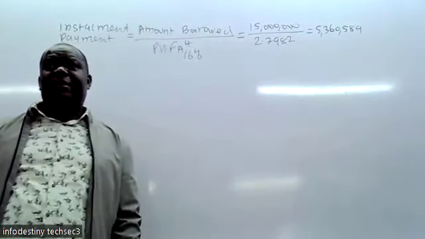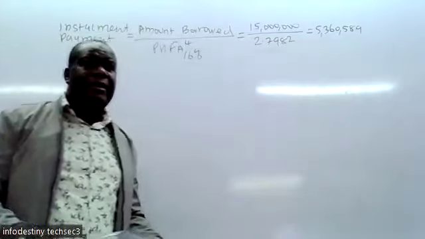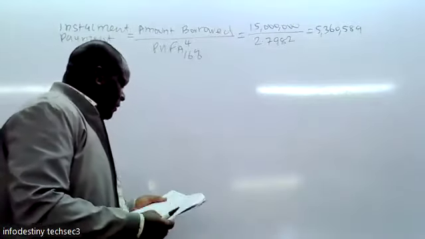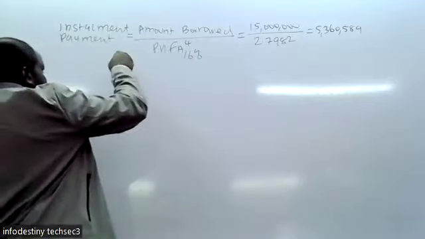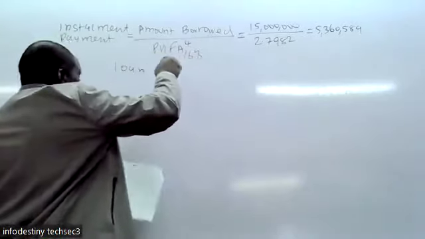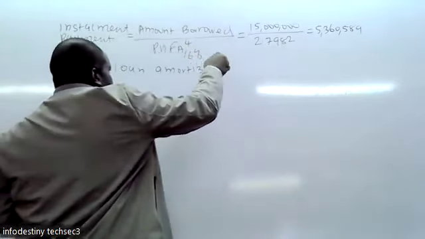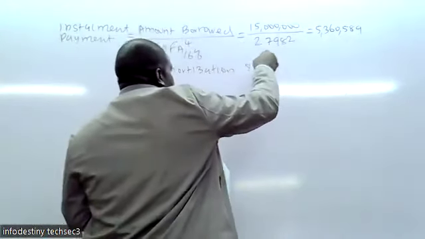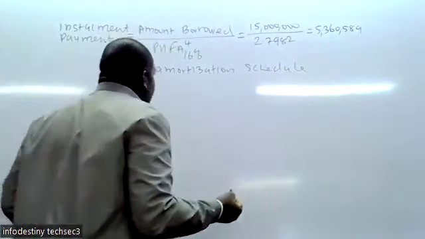You calculate the installment payment. After you have done that, we now prepare the loan amortization schedule or loan repayment schedule. So now we go to the loan amortization schedule.